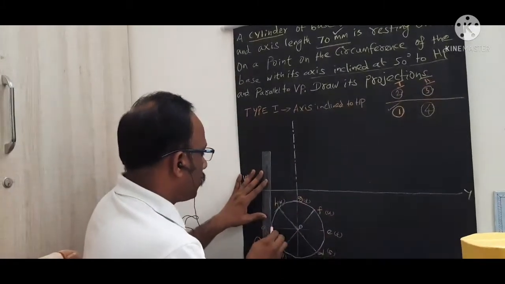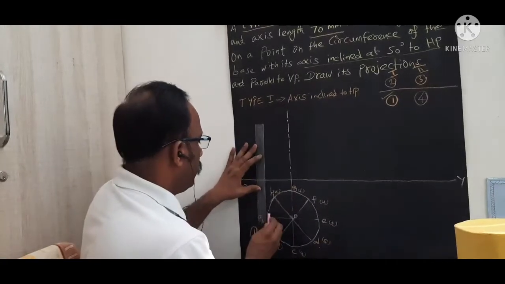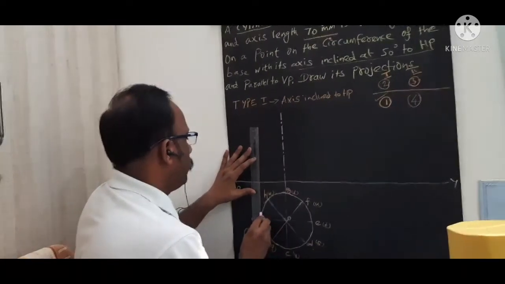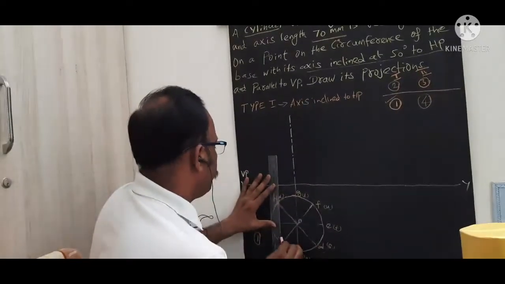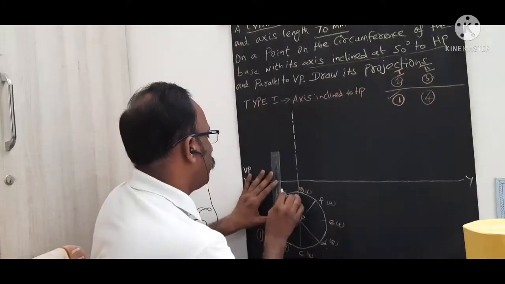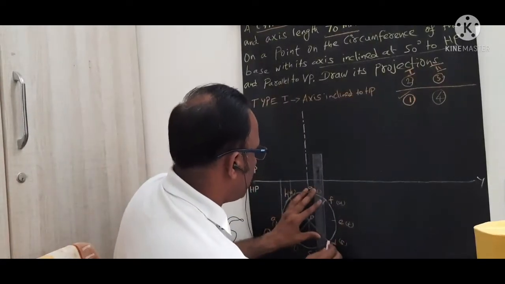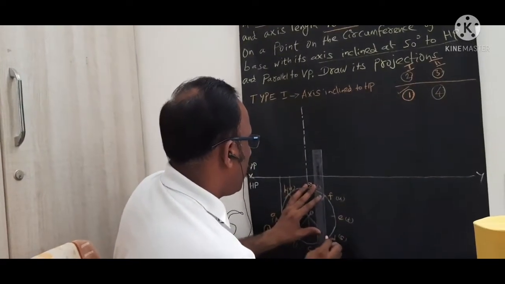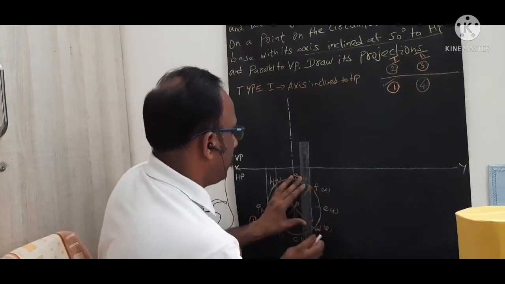Now you draw the corresponding projection from all the corner points. We need to draw the vertical projection from all the points and extend the shape to the axis height. For that height you need to extend.